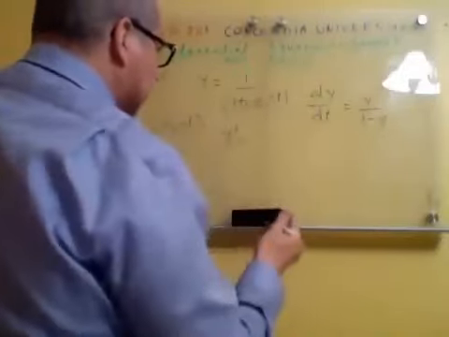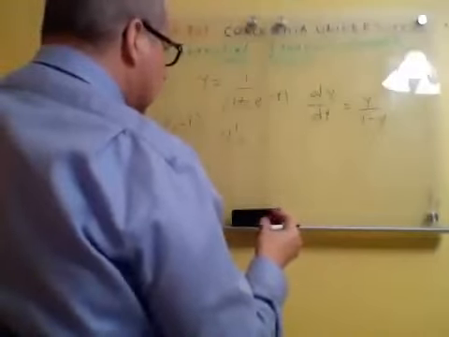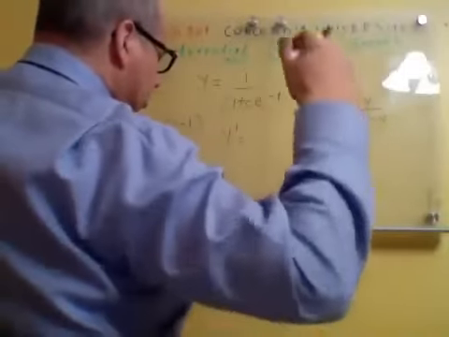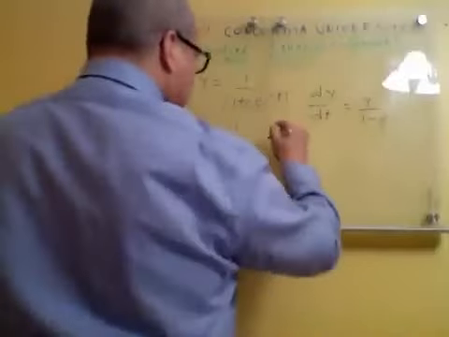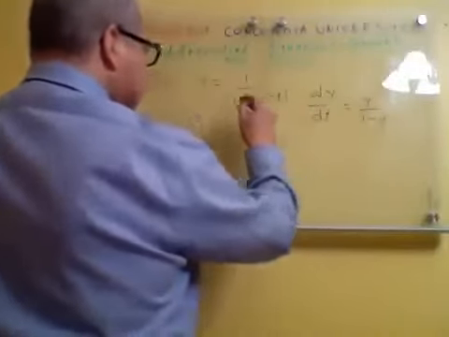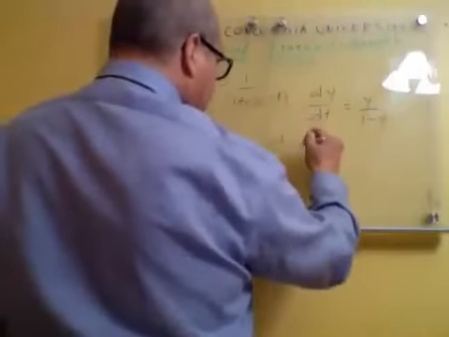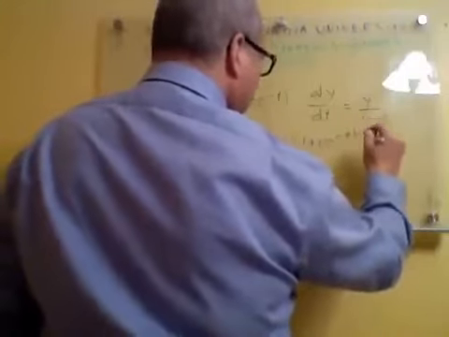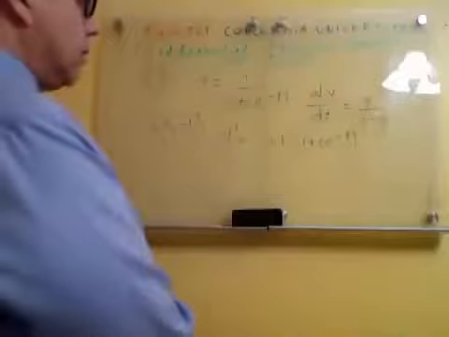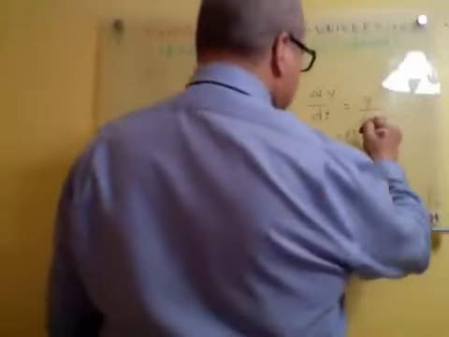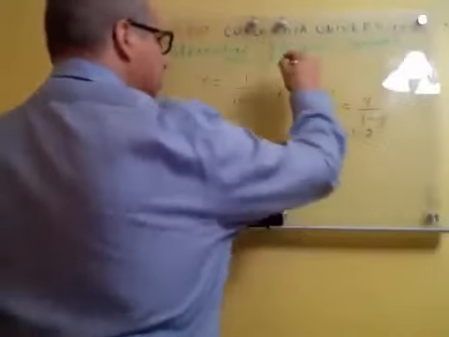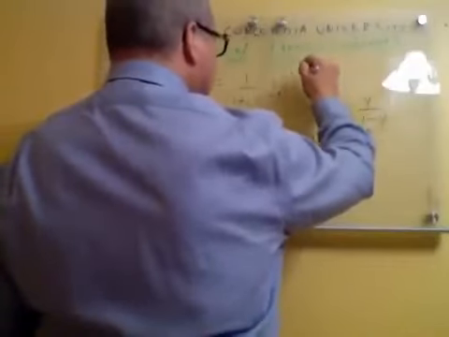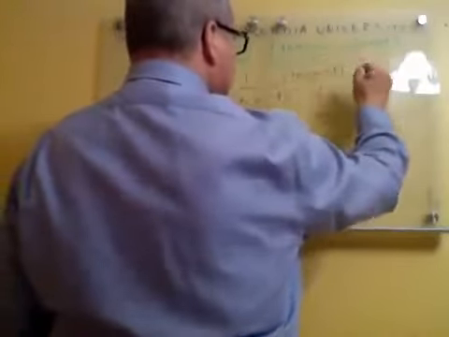So that means if you take the rule that the derivative of x to the n is n times x to the n minus 1, you can say that the derivative of this is minus 1 times the derivative times this in the -2, and just to help you understand, this here we can rewrite as 1 plus c e to the minus t to the -1.